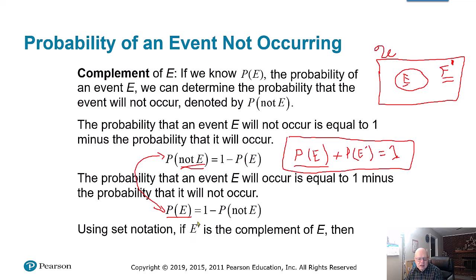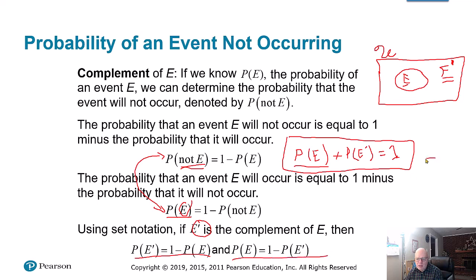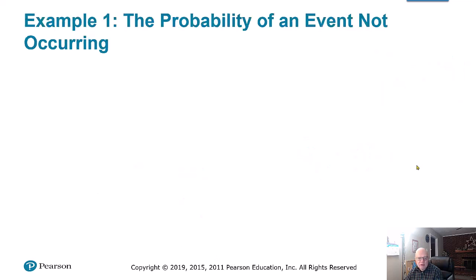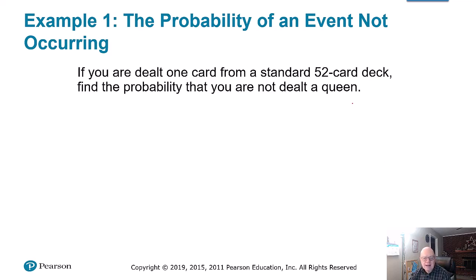So here, E is the event, E complement is the complement of the event, or E not happening. Those are your two formulas. You could keep both of those, or you could just keep this one up here. That's up to you. Whichever way happens to make sense to you. So let's take an example.